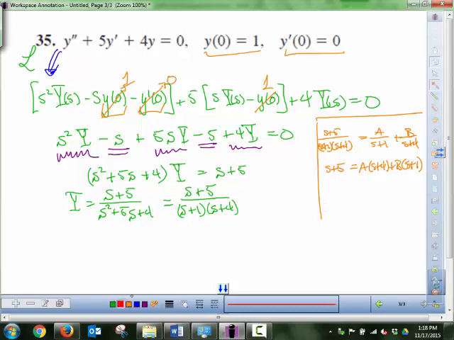And then here's where we do that little trick where we let s equal, I'm going to make B disappear first, so that would be letting s equal -1. That would make B disappear. And then -1 plus 5 on the left-hand side gives me positive 4, equal to A times -1 plus 4, which is positive 3. So A is equal to 4/3.